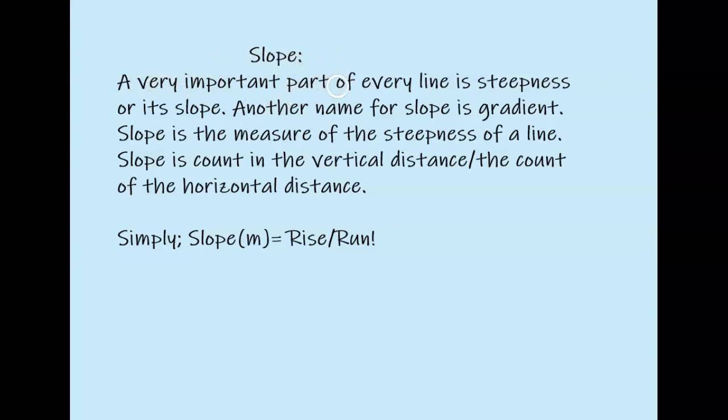A very important part of every line is its steepness, or its slope. Another name for slope is gradient. A slope is a measure of the steepness of a line, and it can be measured by counting the vertical distance, which is the y-axis, divided by the count of the horizontal distance, which is the x-axis.